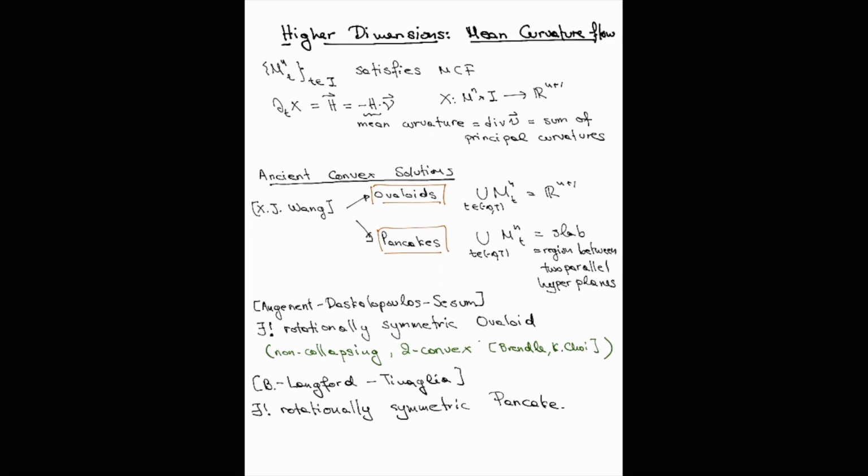Very recently, they also extended this from rotation symmetric to something far more general, which I won't get into: non-collapsing and two-convex. For the pancakes, along with Langford and Tinaglia, we showed that in the rotation symmetric case there again exists a unique one. Let me show you pictures of how these objects look.